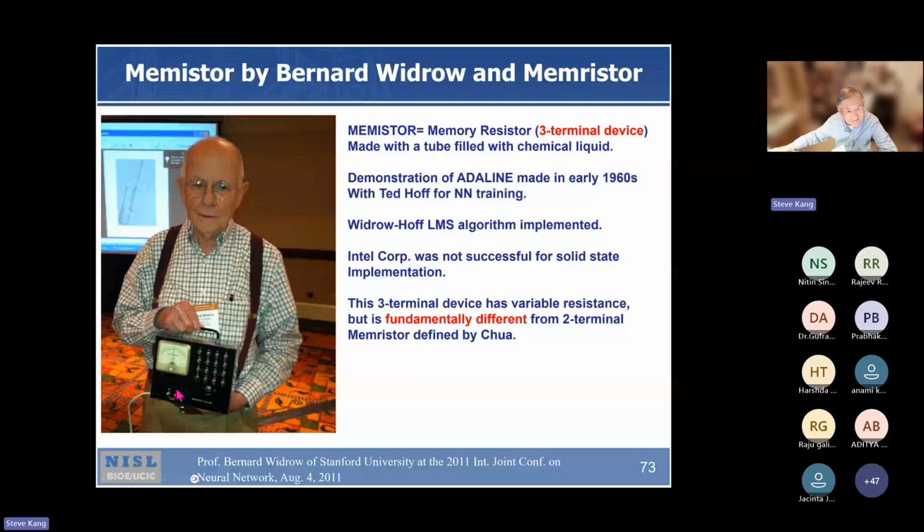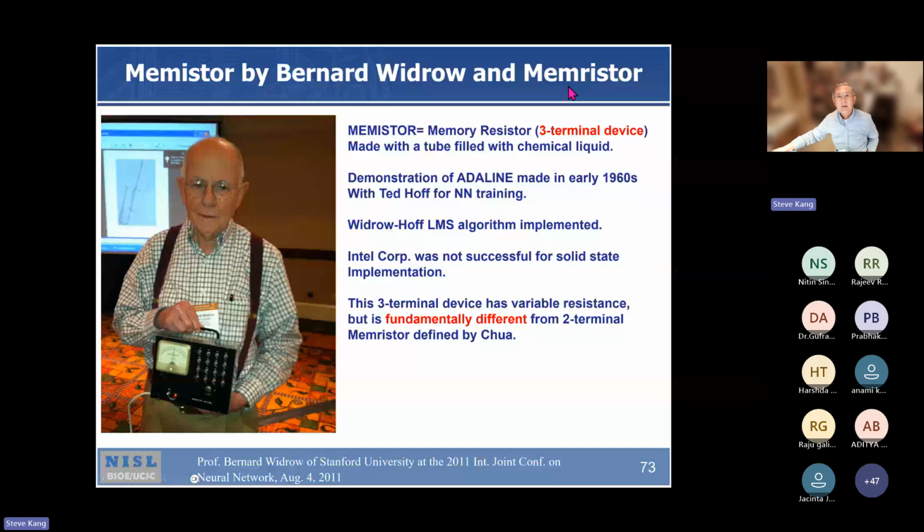It has a 4x4 system here, 16 of them. It turns out they are chemical tubes with some meter. Bernard Widrow named this device, this chemical tube, a Memristor.